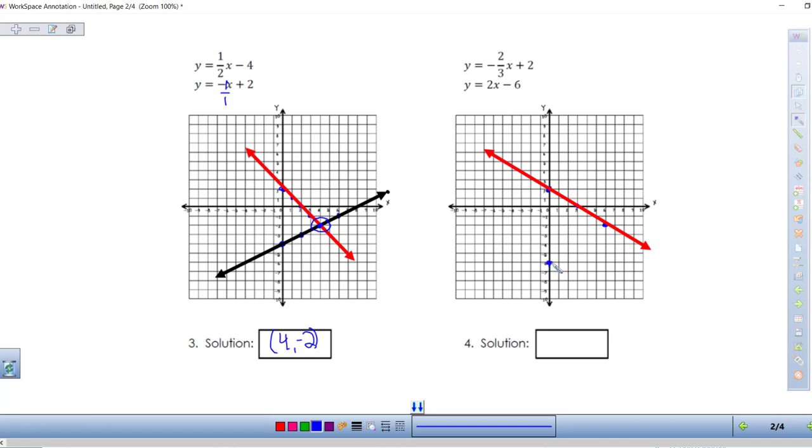And our slope is +2, so I'm going to go up 2 over 1. Up 2 over 1. These lines intersect at this point here, and that is at (3, 0). So (3, 0) is the solution to this system of equations.